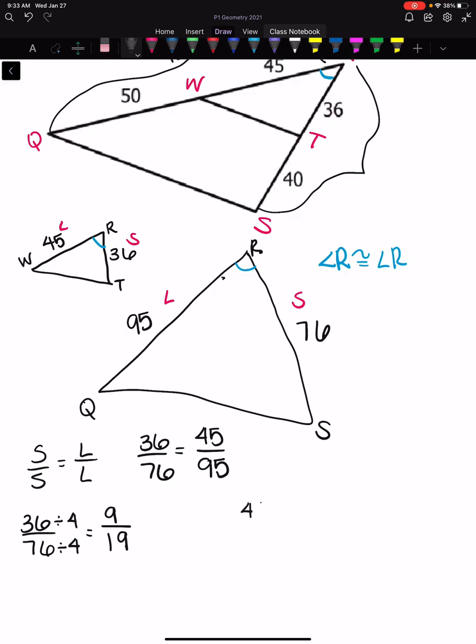And then I'm going to look at my second fraction here, which is 45 over 95. And I'm going to go ahead and try to reduce that top and bottom by 5. I know that 45 divided by 5 is 9, and 95 divided by 5 is also 19 here.